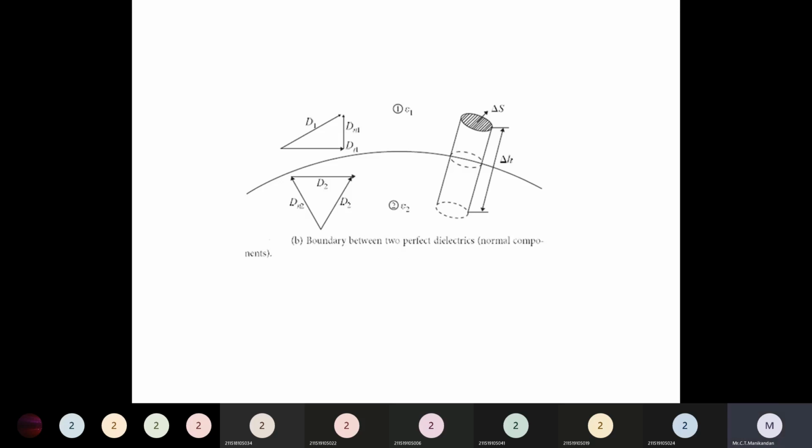At the boundary, we assume a Gaussian surface in the form of a pillbox. If we apply Gauss law and simplify, we get DN1 equal to DN2, assuming the surface charge is 0. So DN1 equals DN2. This is a very important statement.